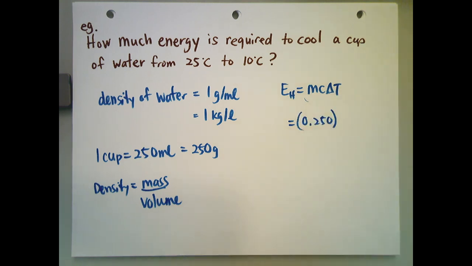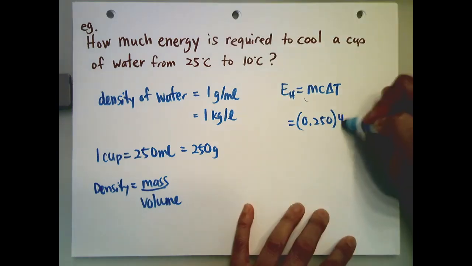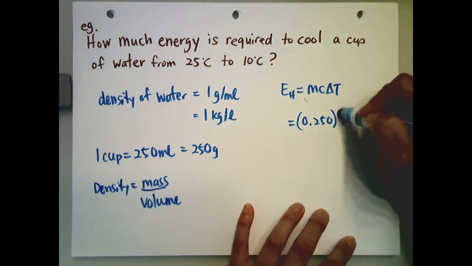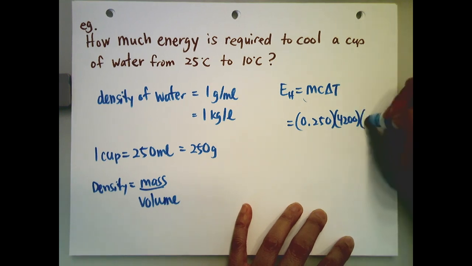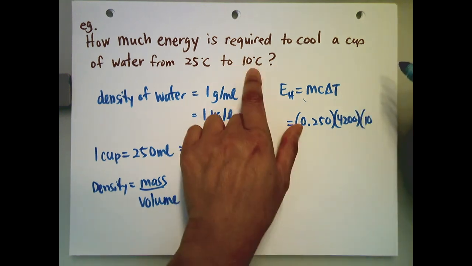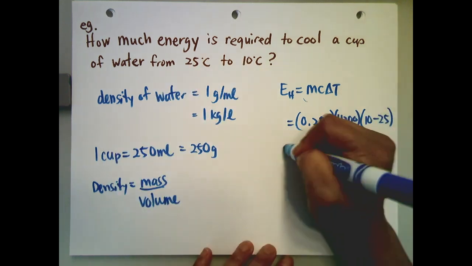The heat capacity of water, we're going to look that up in the chart, is right there, 4,200. And then we have the temperature. So the temperature is going to be 10, because that's T2, minus T1, which is going to be 25.